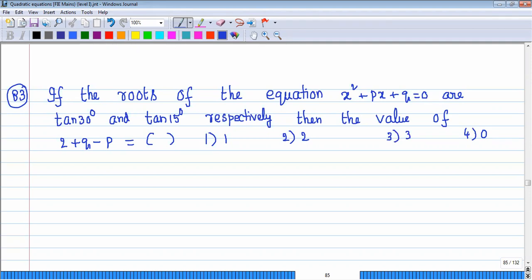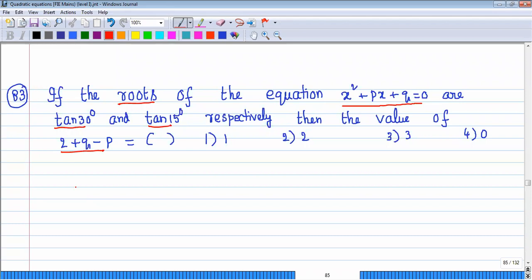This is a very interesting question. The roots of the equation x square plus px plus q equals 0 are tan 30 and tan 15. The value of this one we need to find out. First let us establish the relation between the coefficients of the given quadratic equation and the roots tan 30 and tan 15.